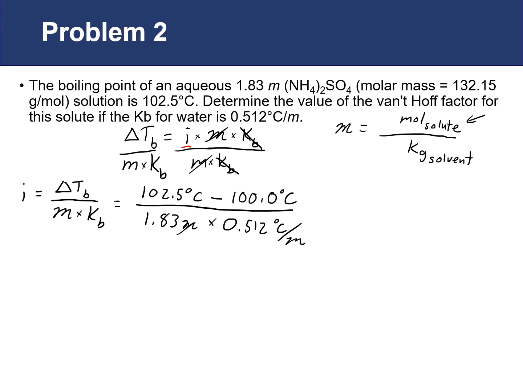Our units, the molal cancels out. On the top, degrees Celsius minus degrees Celsius will give us degrees Celsius. So these units here will cancel out that one, giving us our Van Hoff factor as being unitless.